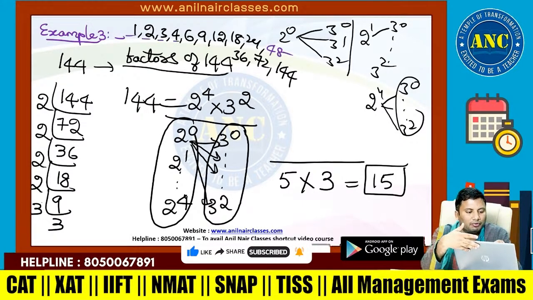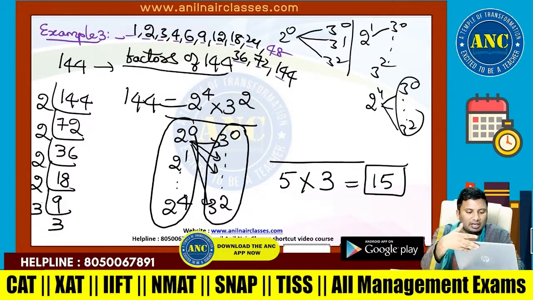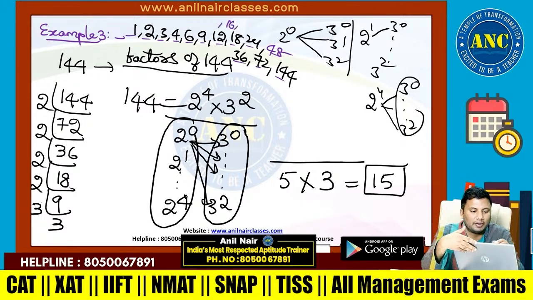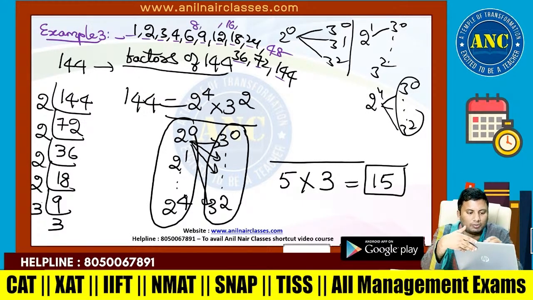That means a few more numbers are missing. 16 is also missing. Next one, 48 is also missing. So totally 15 factors are there for this number.